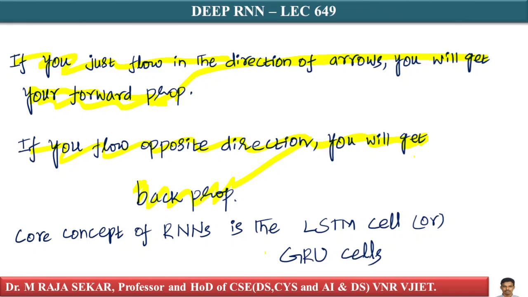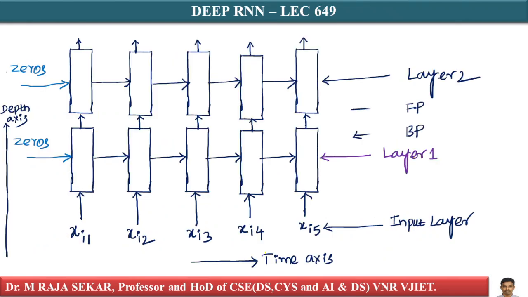The key thing you have to remember is that forward propagation happens in the forward direction and back propagation happens in the reverse direction to the arrows that we have in forward propagation. That's why these diagrams are very useful. If you don't have these arrows, it will be super duper confusing.